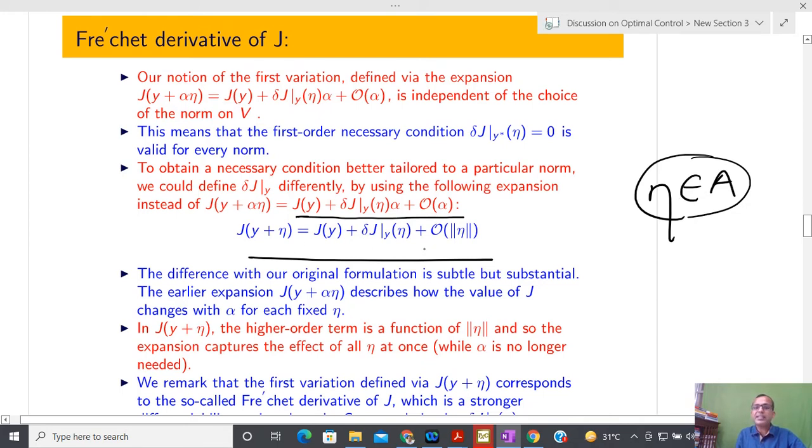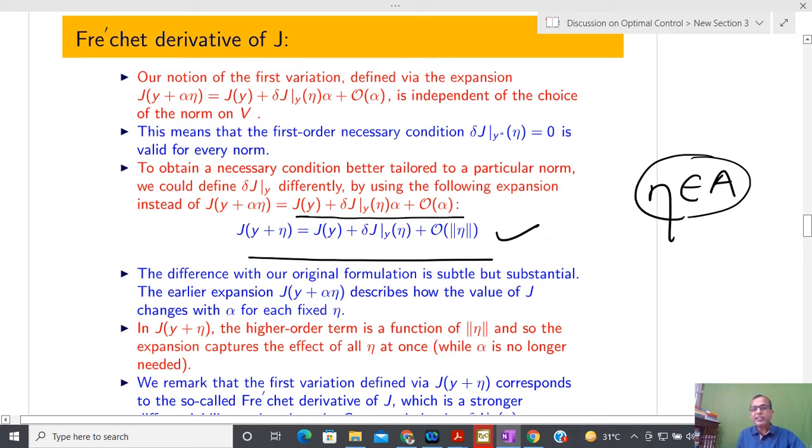The difference is that whenever I talk about the Gateaux derivative, the classical way, I am just concentrating on alpha, but here you can see that there is no alpha. Now I am going to talk about y, and the perturbation of y is eta, eta belongs to A, and in those terms I have defined it. If we do that, then this is called the Frechet derivative.